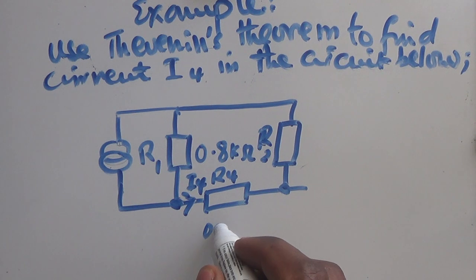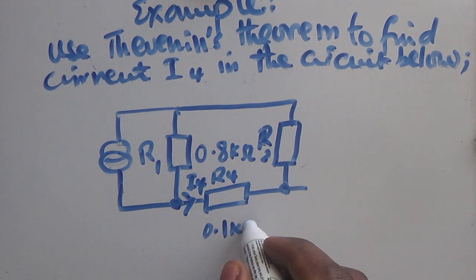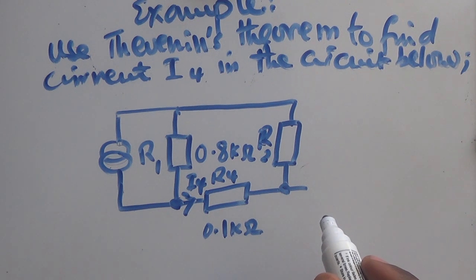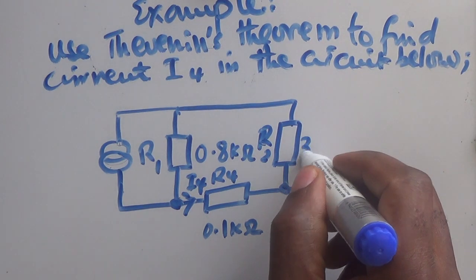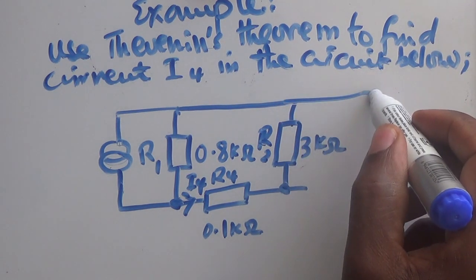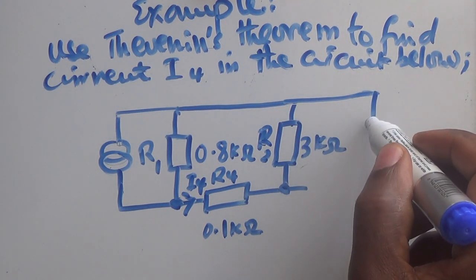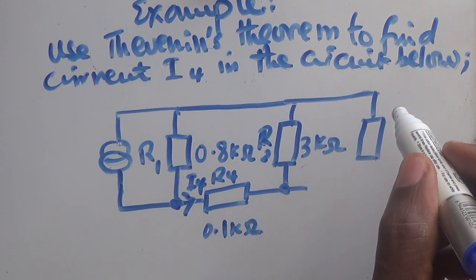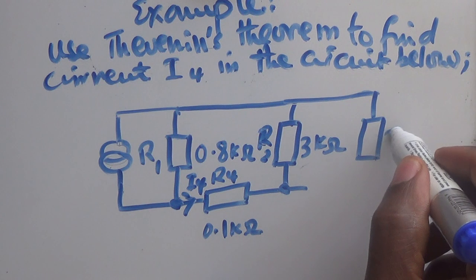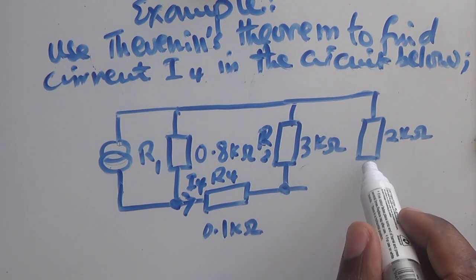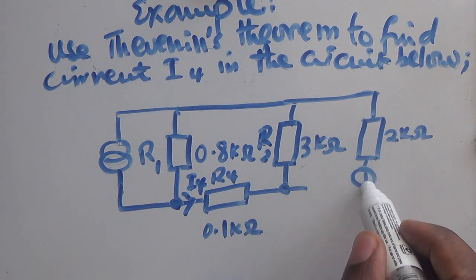This is 0.1 kilo ohms, and this is 3 kilo ohms, and then you have another resistor here, the 2 kilo ohms, and then a voltage source here.